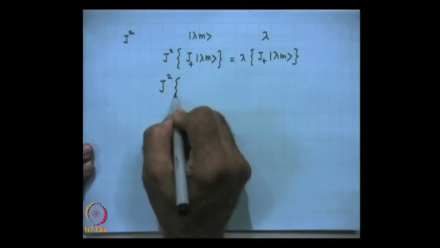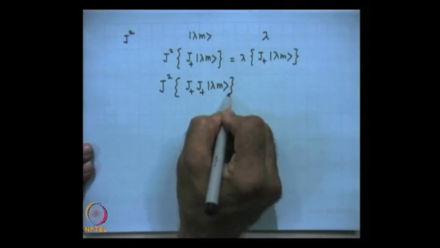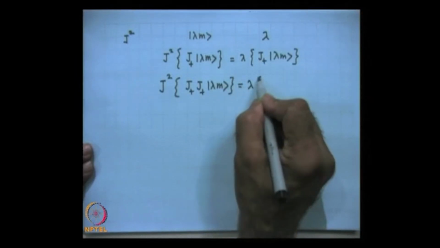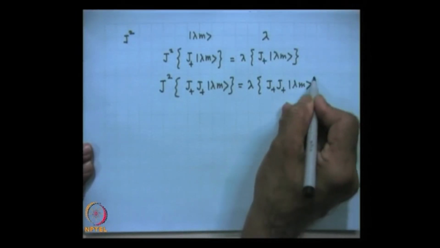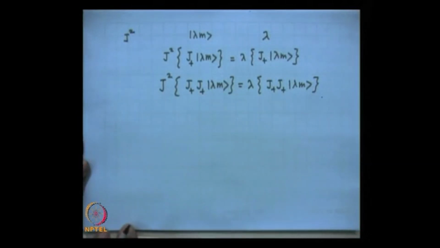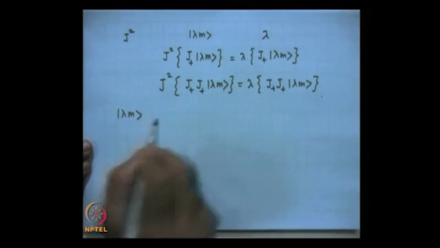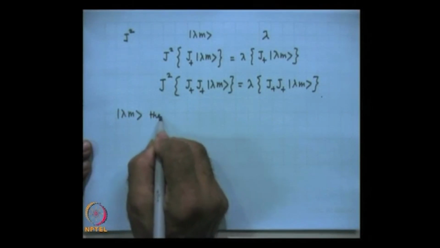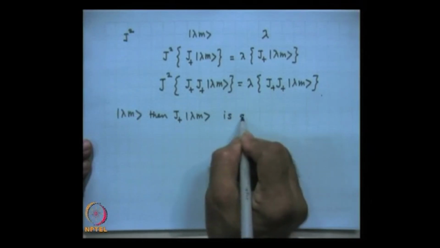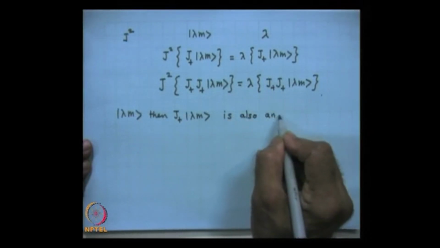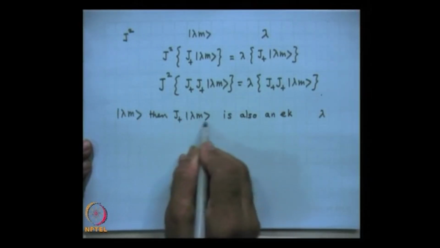Similarly, j square operating on j plus ket lambda m will be again lambda j plus ket lambda m. So, we must expect degeneracies.